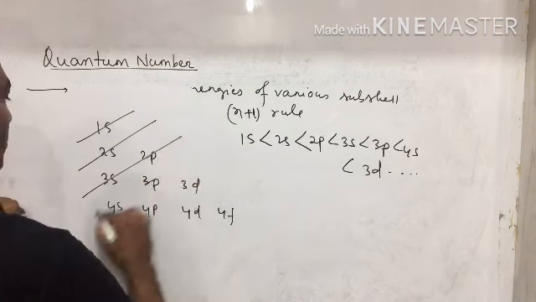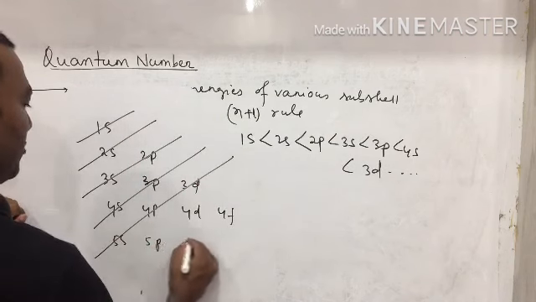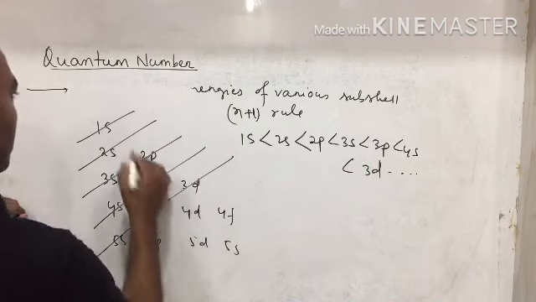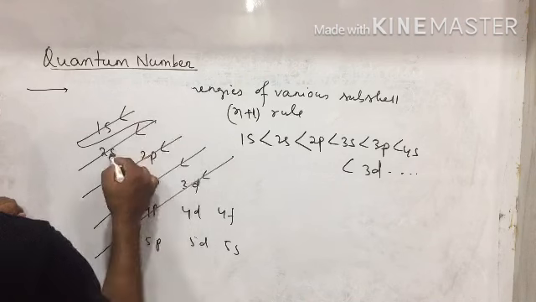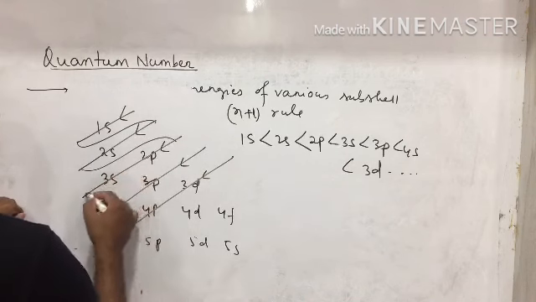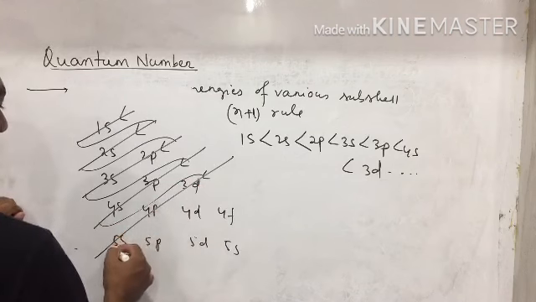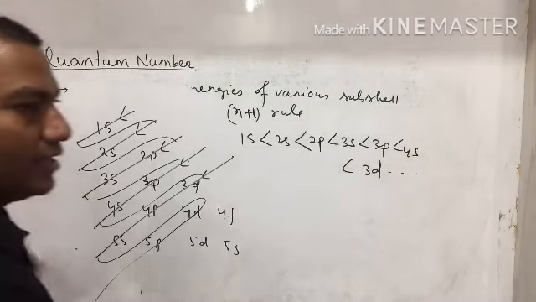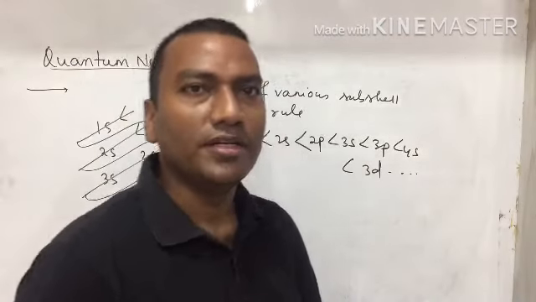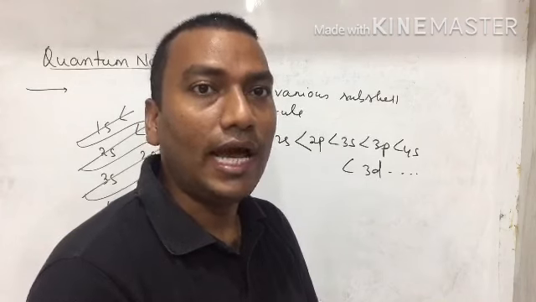You draw the line like this. Then 5s, 5p, 5d, 5f. Then you can remember 1s, then 2s, 2p, 3s, 3p, 4s, 3d, 4p, 5s, 4d, like this it will continue. And you know this is called your Aufbau principle.